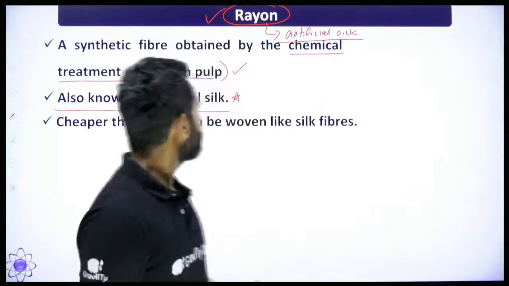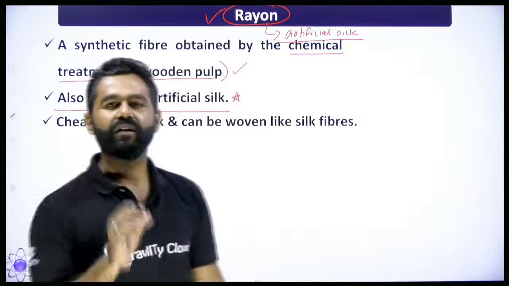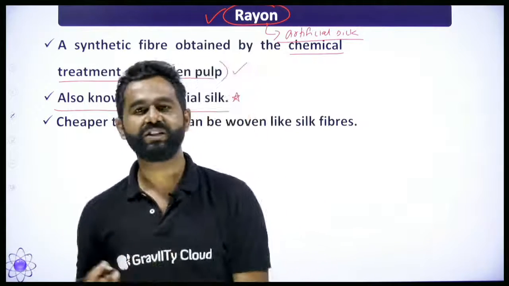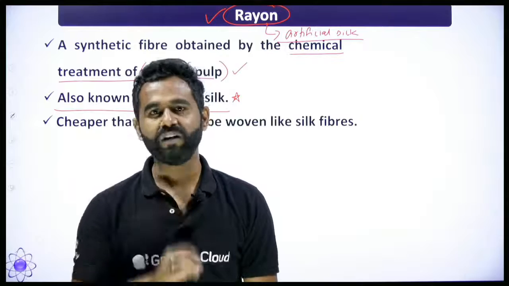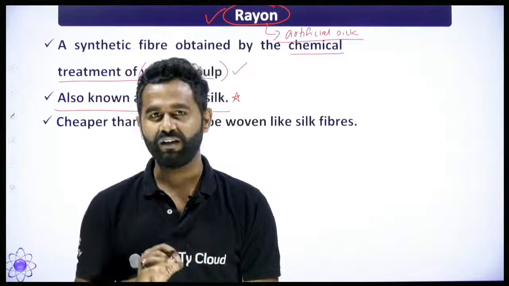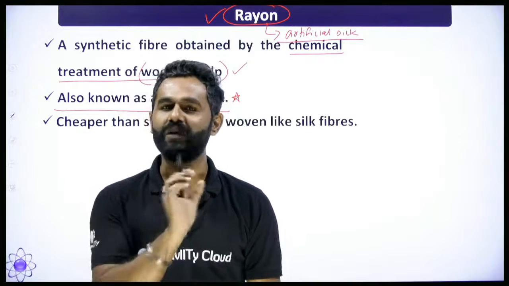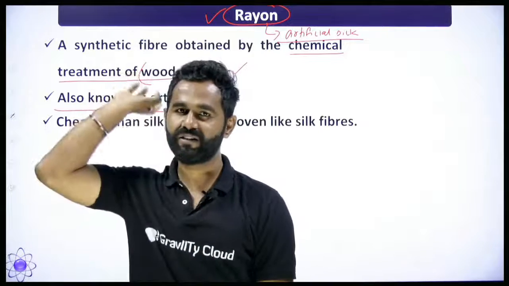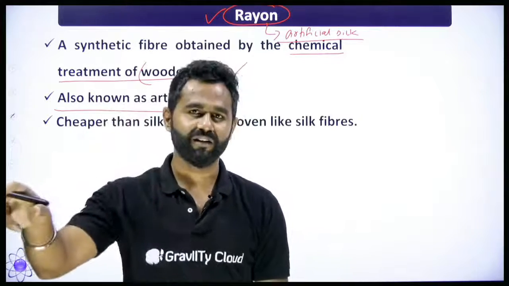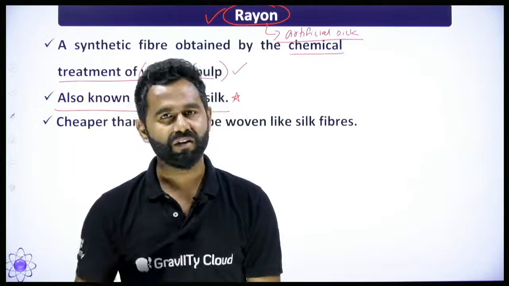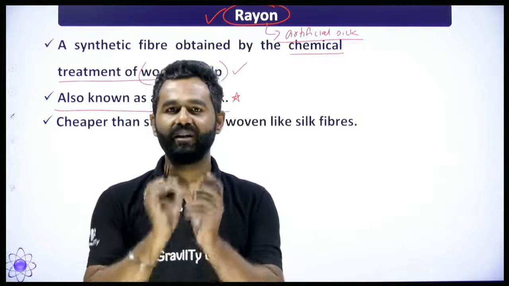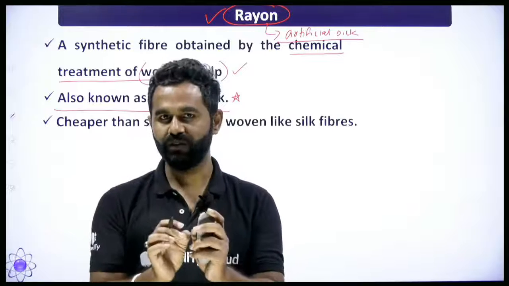Same is the case with rayon. Rayon is very cheap because it is artificial silk, but the actual silk is very costly. But both types of silk, artificial silk and the original silk, serve the same purpose, or we can say they have the same function or same use.